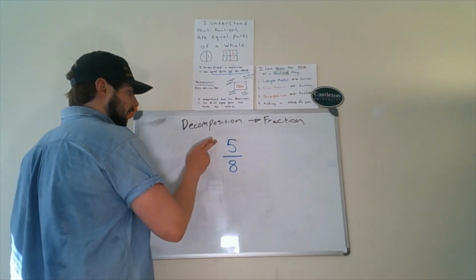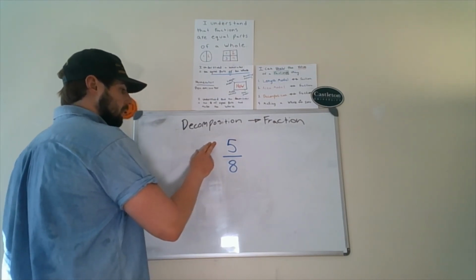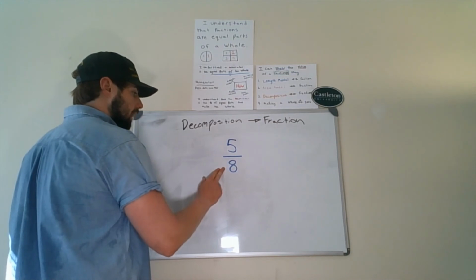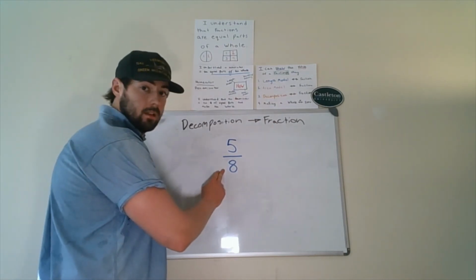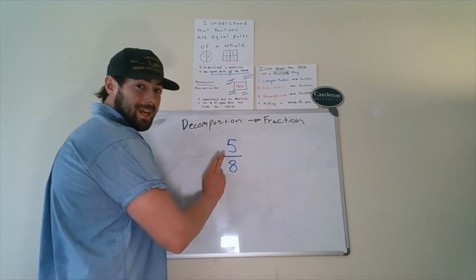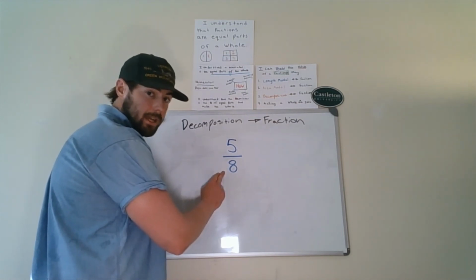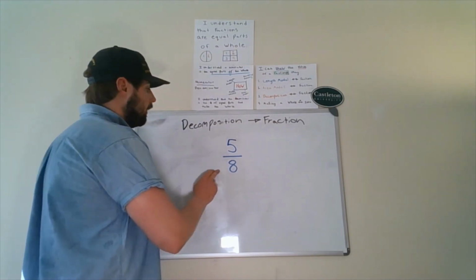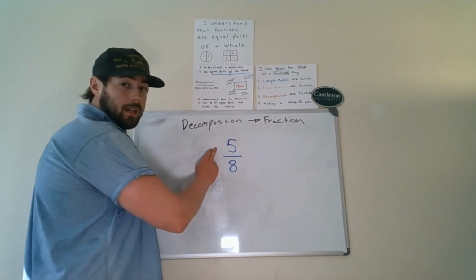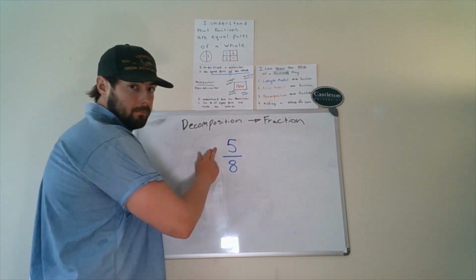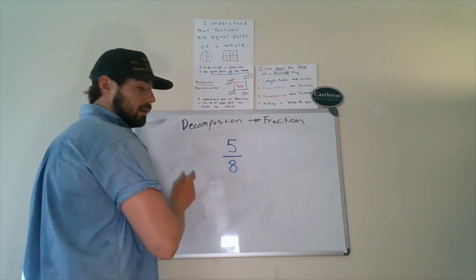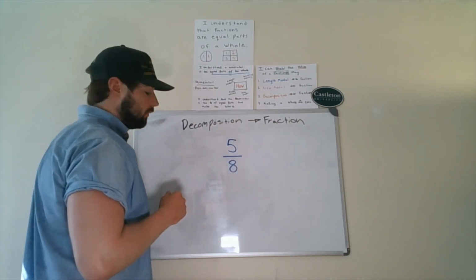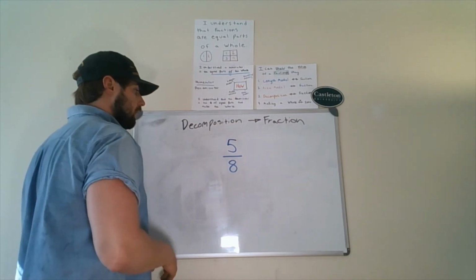I have a 5 in my numerator and an 8 in my denominator. I have 8 parts, 8 equal parts that make my whole. We're talking about 5 of them. 8 parts would make the whole, but we're talking about less than a whole.